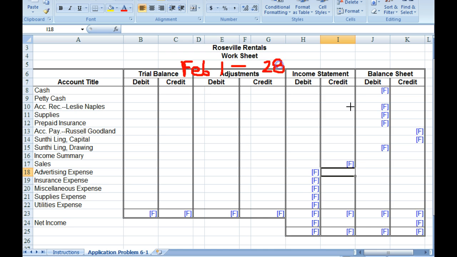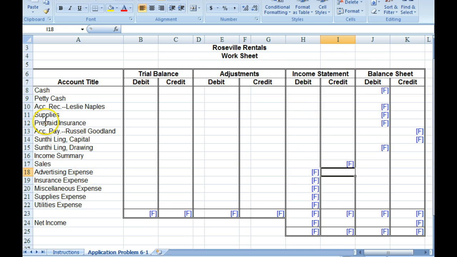There are some accounts which on March 1st, we really don't care if it has a balance or not, because income has to match up with the time period that it occurred in. Same thing about expenses as well. So there are some accounts where the balance should be 0 on a new fiscal period.